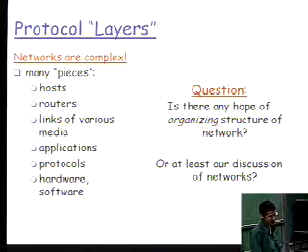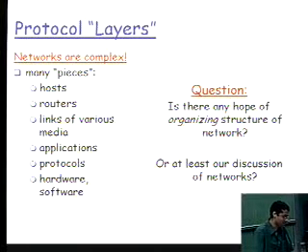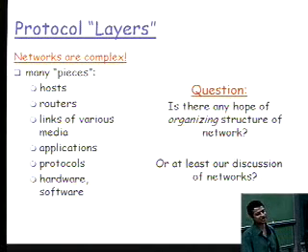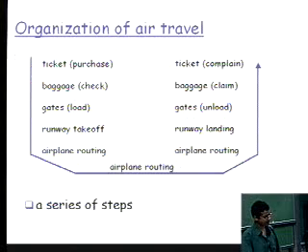So the question was, is there any hope of organizing or designing networks in a systematic way? And the design philosophy that has evolved over the years is that networks or protocols have to be layered. And the analogy that's given in the book is similar to what we experience with traveling.